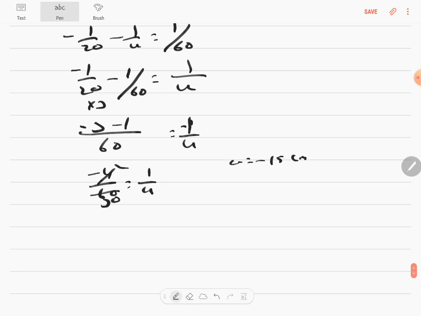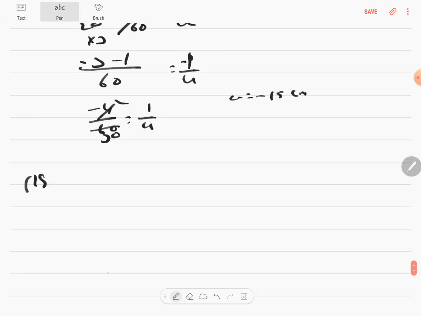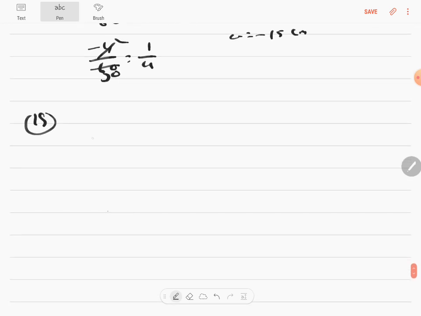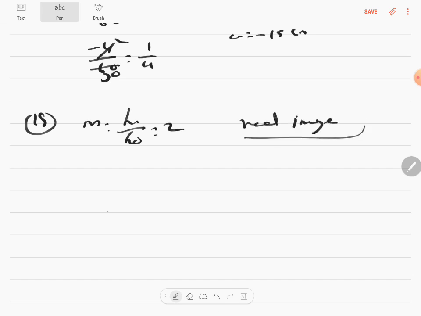So that's the answer. Let's go to the 19th question. The linear magnification of the lens, Hi by Ho, is equal to 2, and the image can be caught on the screen, which means it's a real image, for which the magnification has to be negative anyway. The focal length of the lens is 20 centimeter.